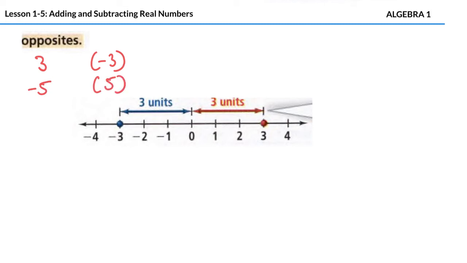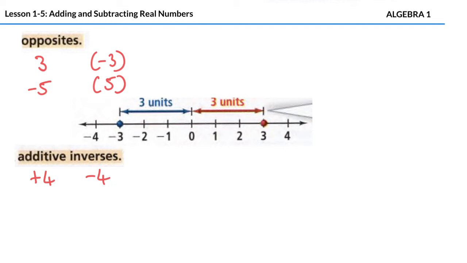And what do we mean by additive inverse? A number and its opposite are called additive inverse. As simple as that. A number and its opposite are called additive inverse. For example, what is the additive inverse of plus 4? It's minus 4.